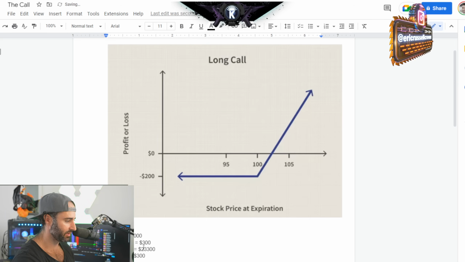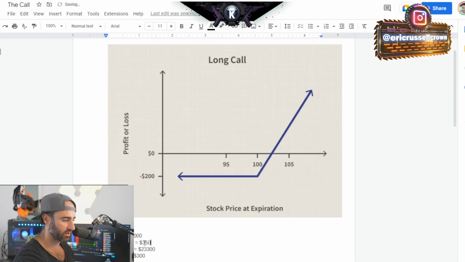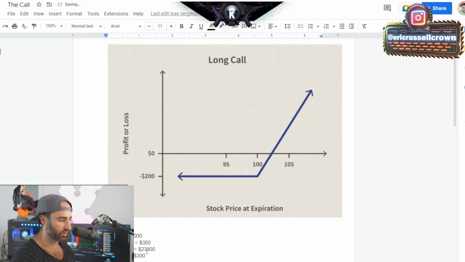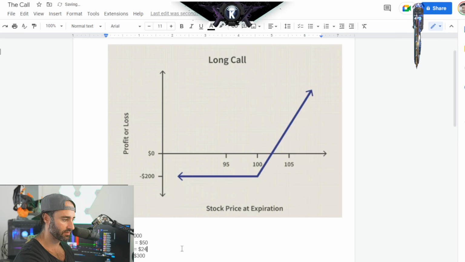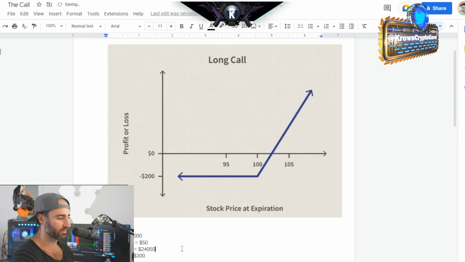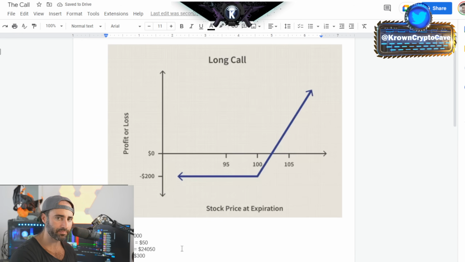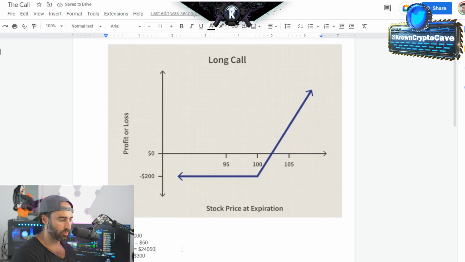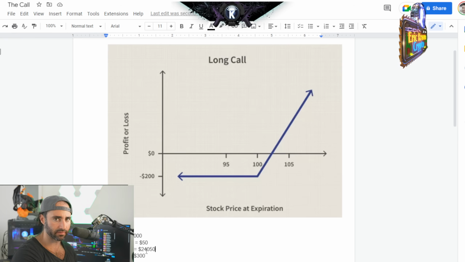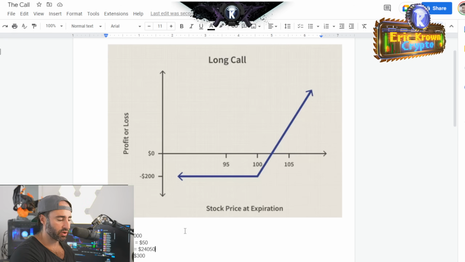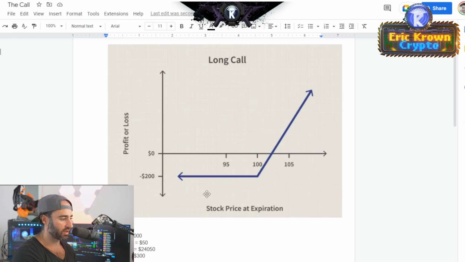The price that we paid, $50. What's our break even? Well, 24,050. That means by expiration, we do not make money until price action goes at least one tick above 24,050. Anything below there, and we start to lose.